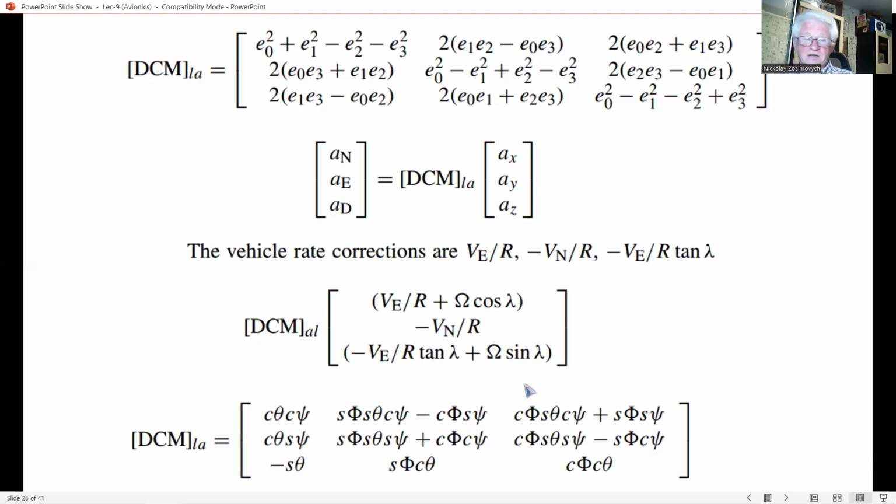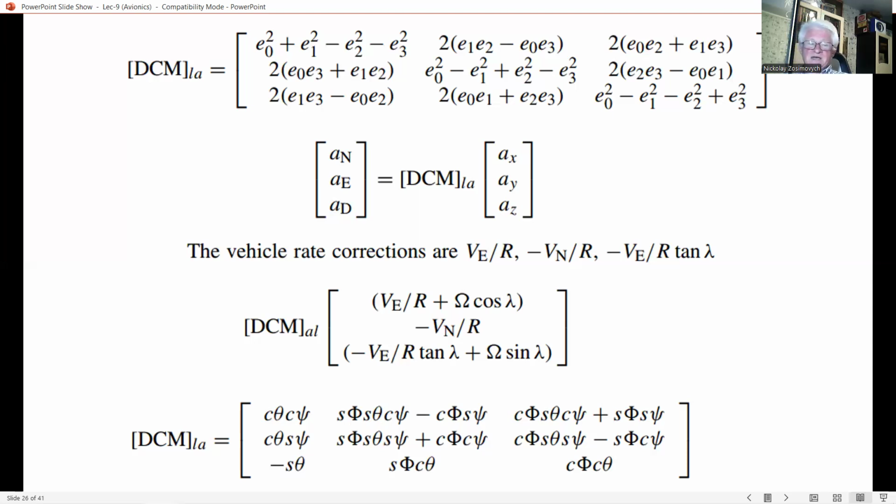The vehicle rate corrections are VE over R, −VN over R, and −VE over R tan λ about the north-east-down axes, where VN and VE are the components of the aircraft's velocity along the north and east axes, and R here is the radius of the Earth.